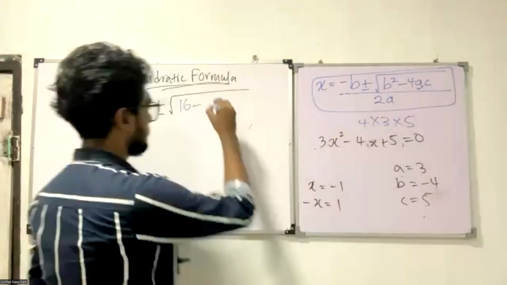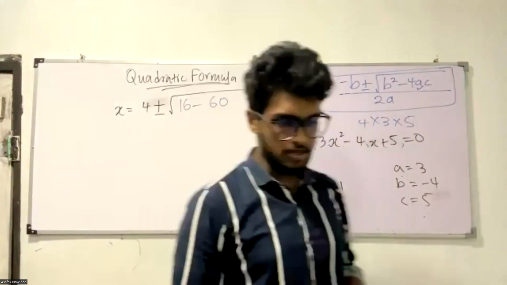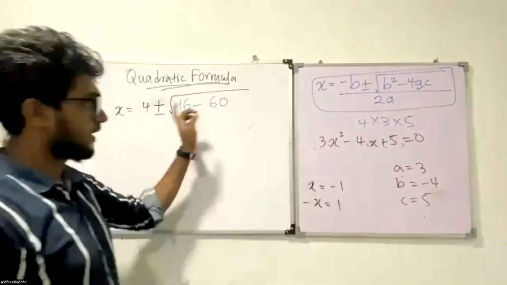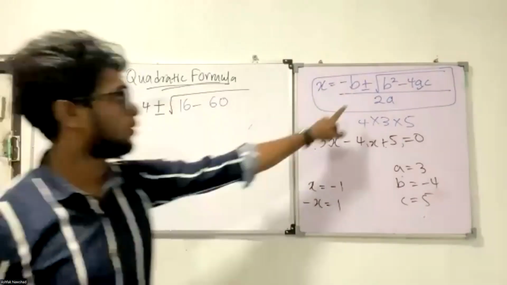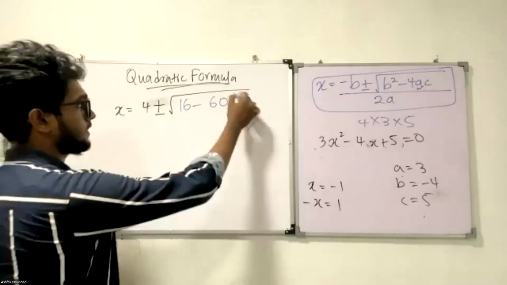The answer will be pretty complex. So 16 minus 60 is going to give us a negative number. Correct? We cannot take the square root of a negative number, therefore we cannot continue this.